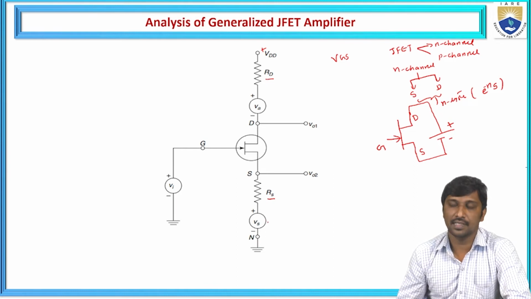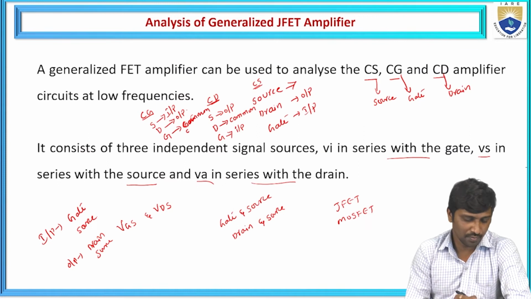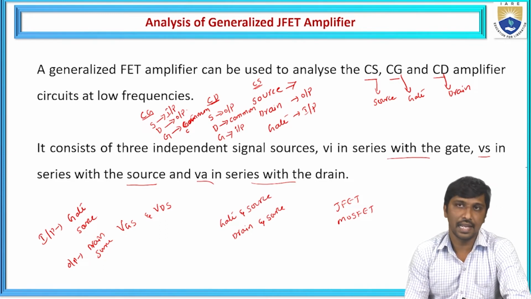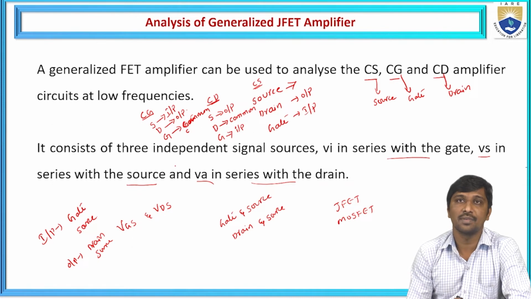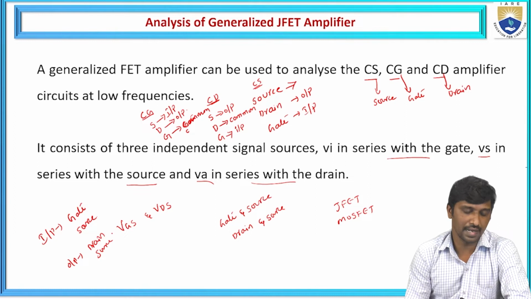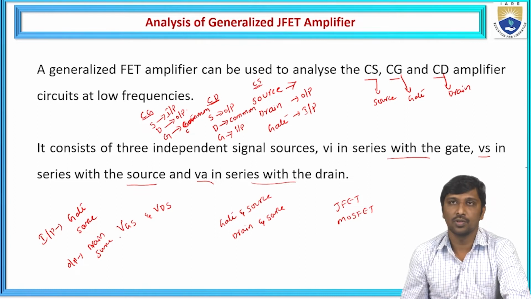From the previous observations, what we observed from the three different configurations is that the output is measured either across the drain or the source, whichever configuration it is, common source, common drain, or common gate. From these three configurations, we observe that the output is measured either across the drain terminal or the source terminal.